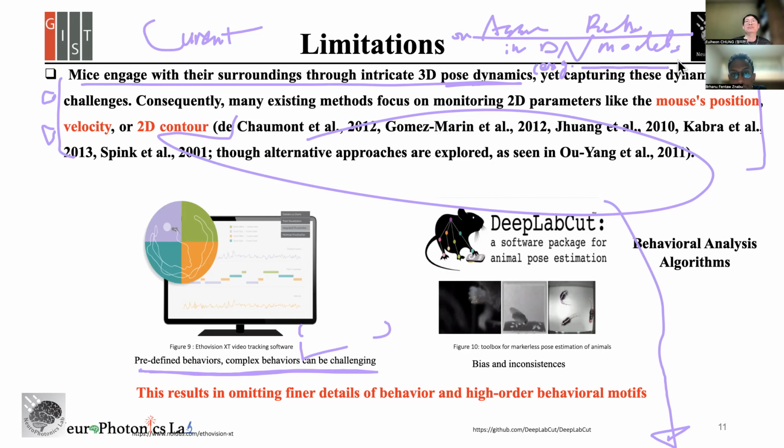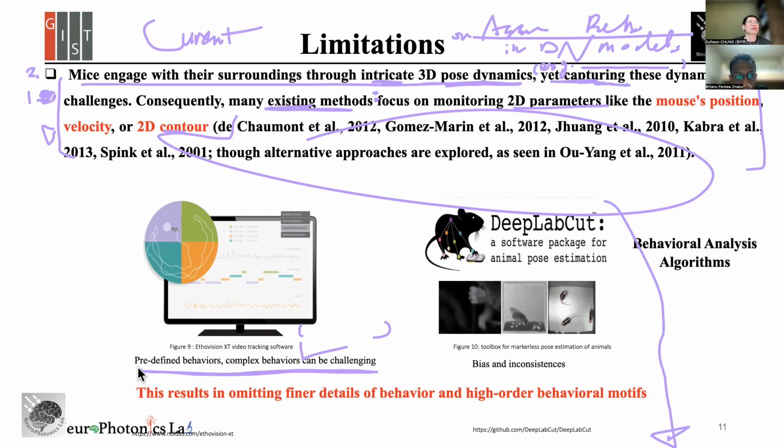You should start with the previous one, existing methods. 2D parameters: position, velocity, contour. That's one line. And the second line, in fact, there exist intricate 3D pose dynamics not possible to capture. That's the second.